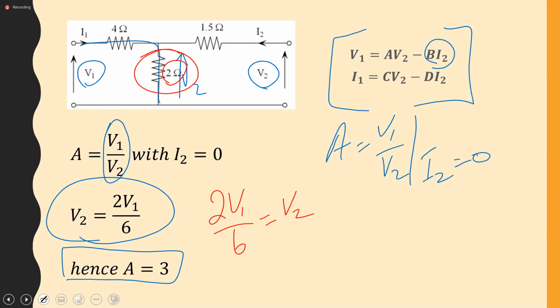It means that 2V1 equals 6V2. V1 is therefore equal to 3V2, so V1 over V2 equals 3.